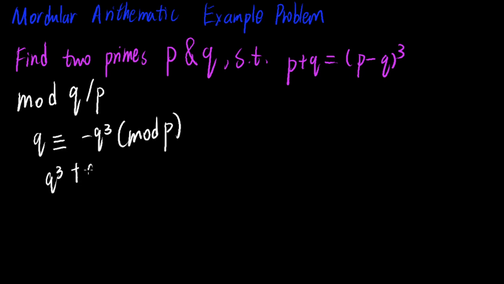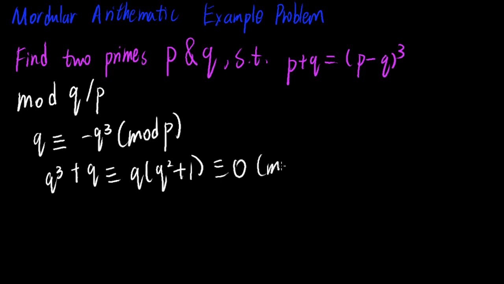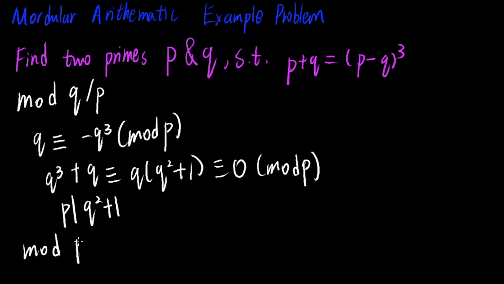It gives us q cubed plus q is equal to q times q squared plus 1, and this is divisible by p, and we have p is divisible by q squared plus 1, and we don't know how to proceed.